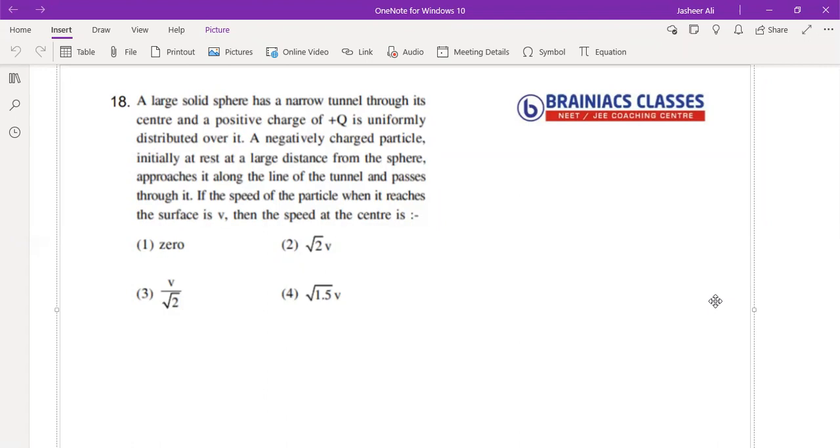A large solid sphere has a narrow tunnel through its center. A positive charge plus Q is uniformly distributed over it.